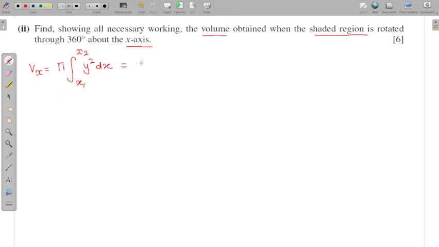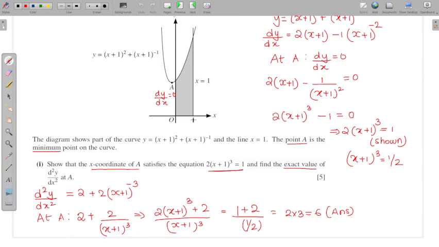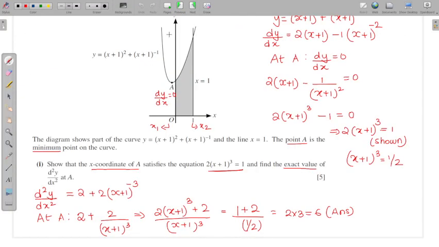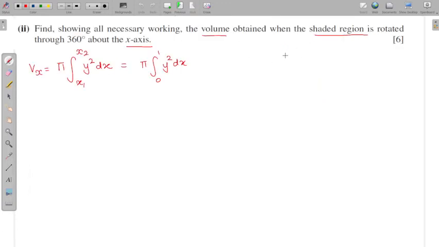So this will be pi. Let's see what our limits are. This is our x2 and this is our x1. So this will be from 0 to 1, y square dx. Previously they had given us that y equals (x plus 1) whole square plus 1 by (x plus 1).